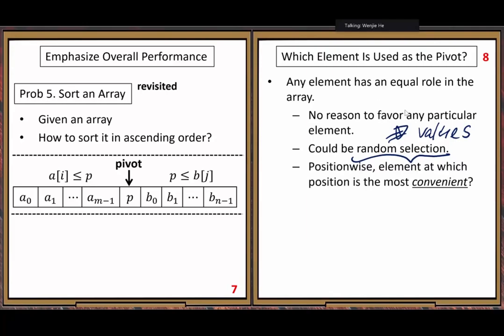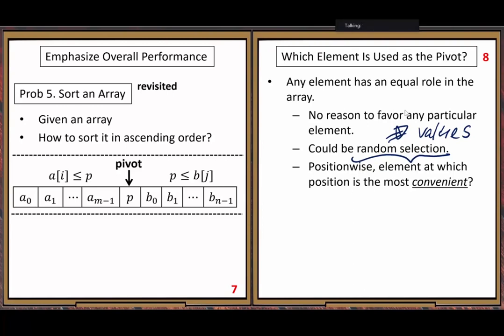So another important aspect to be considered: position. The position of the elements is also important. All the elements in the given data have different positions, right? So we need to look at which element in a given array has the most convenient position.